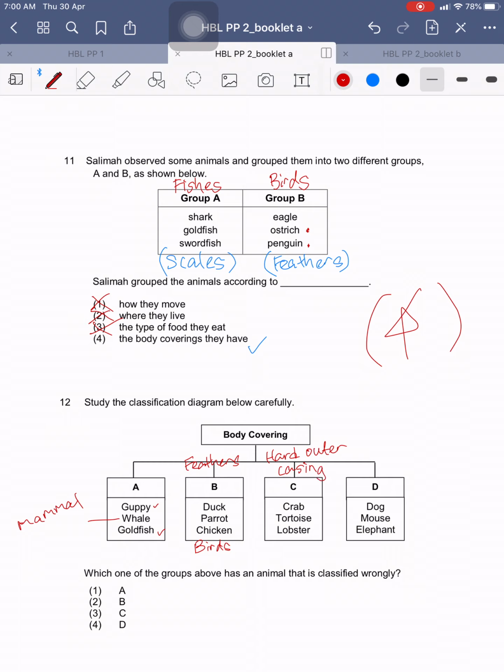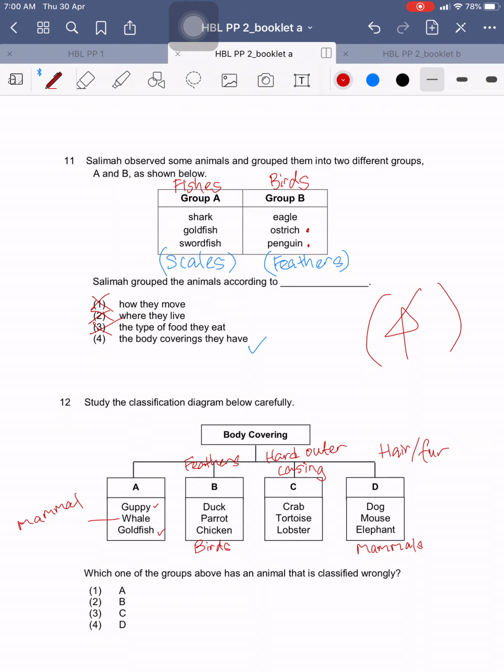Like the tortoise has a shell, and the crab and the lobster are actually very hard, so they all have hard outer casing. And for group D, I think it's quite obvious. These are all mammals, so they have hair or fur.